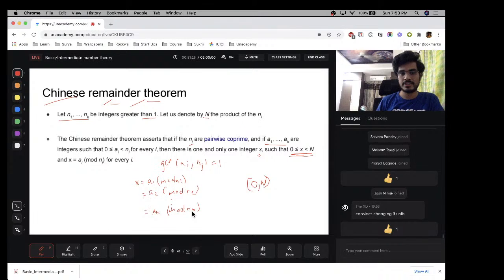Okay, there exists only one such x. Why is this true? Let's try to prove this.